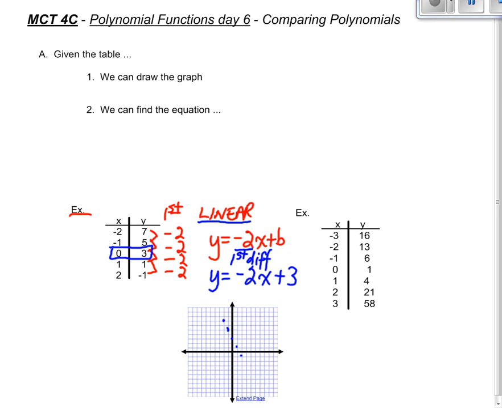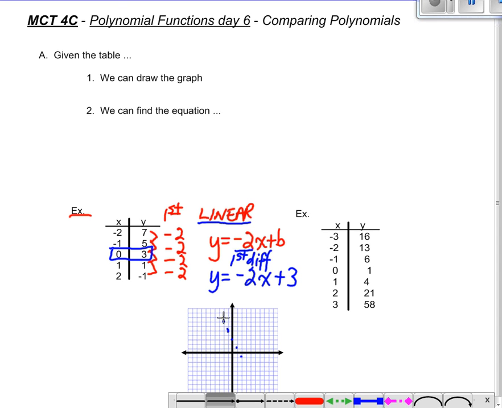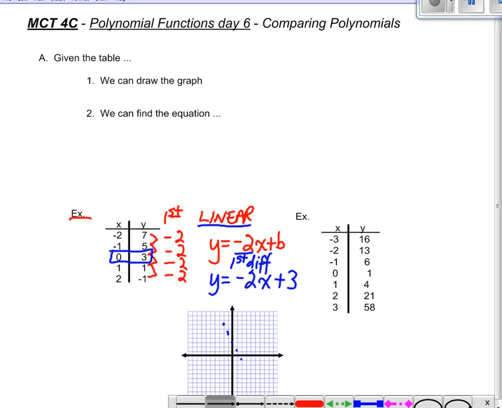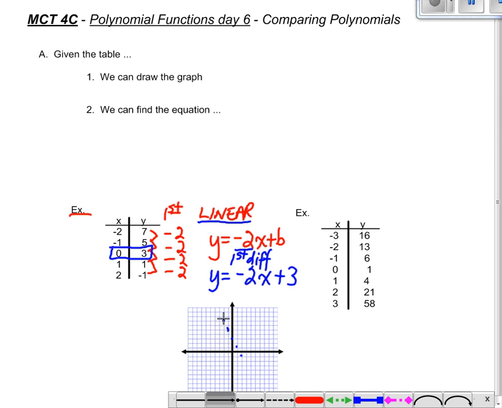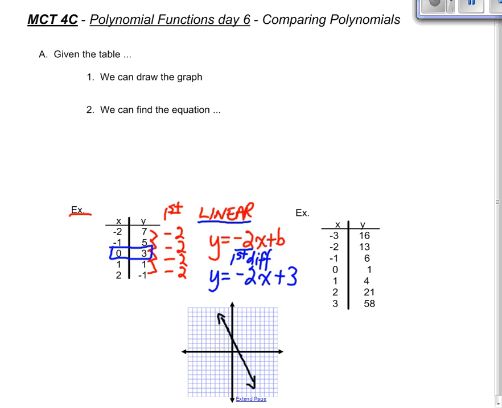We have a line that has a y-intercept of 3 and a slope of down 2 over 1 from grade 9. We should have a nice line through. And I'm going to label that y equals minus 2x plus 3.